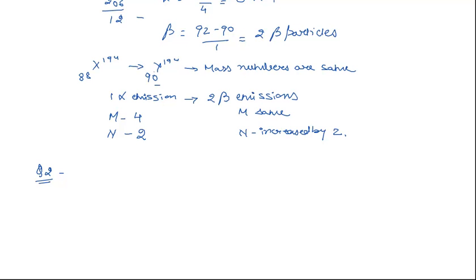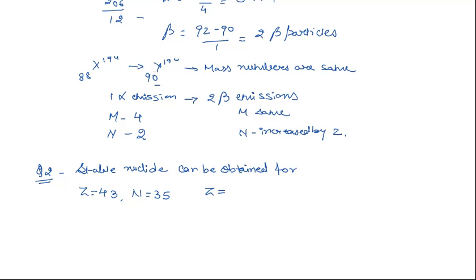Stable nuclide can be obtained for Z is equal to 43, N is equal to 35.